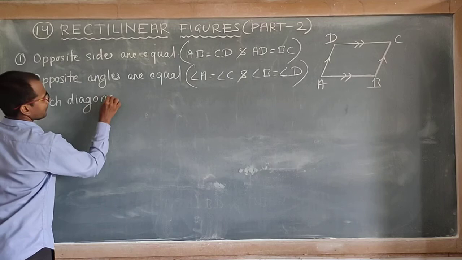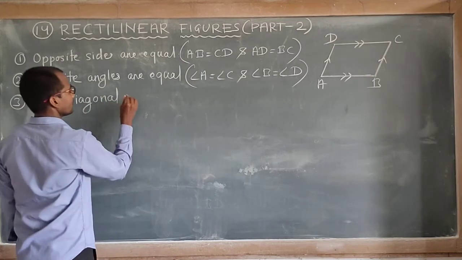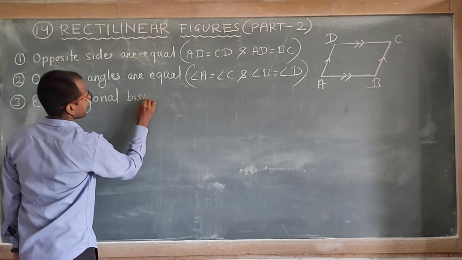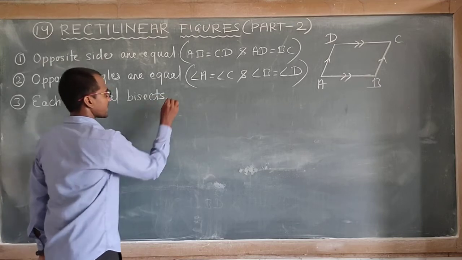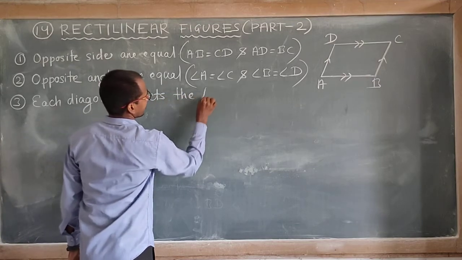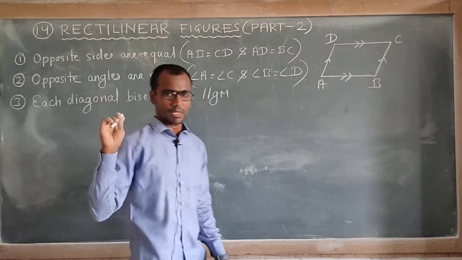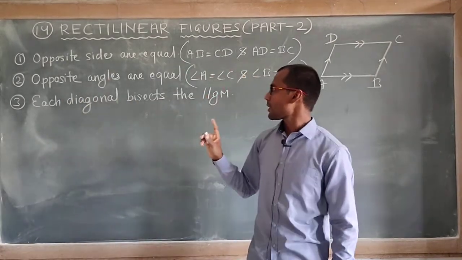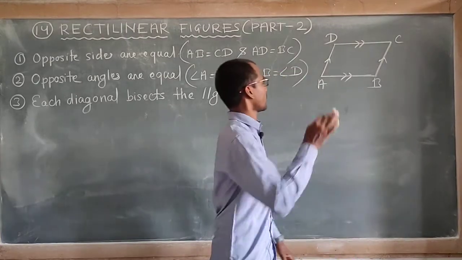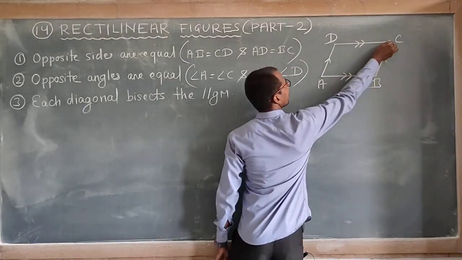Next, each diagonal bisects the parallelogram. I will explain the meaning of this.